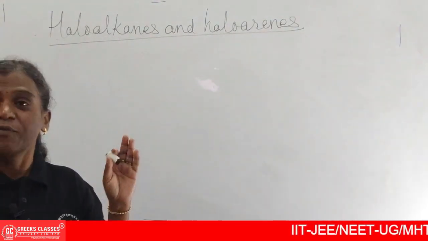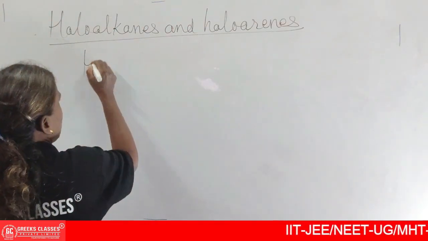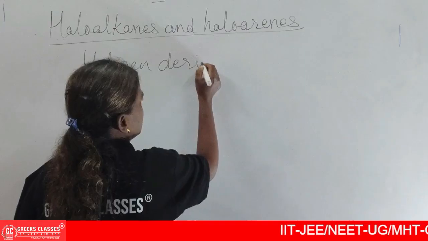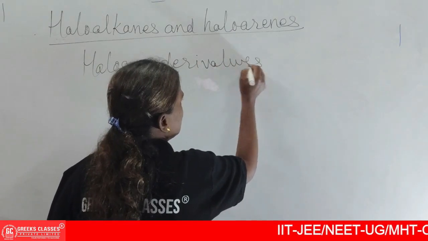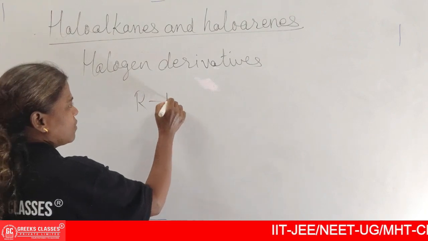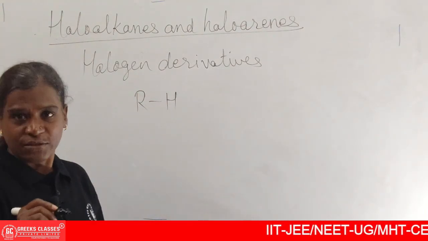See students, when we say haloalkanes or haloarenes, that means they are actually halogen derivatives. Halogen derivatives meaning, we know that the general way to represent an alkane is RH.